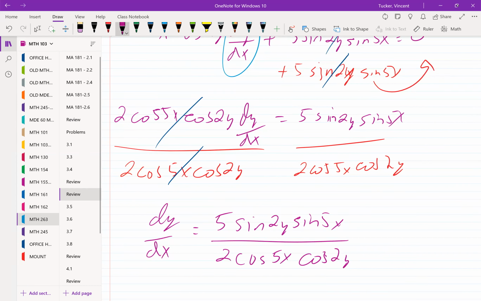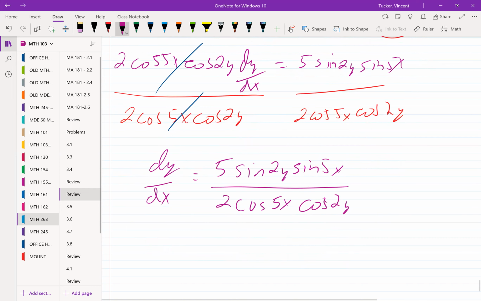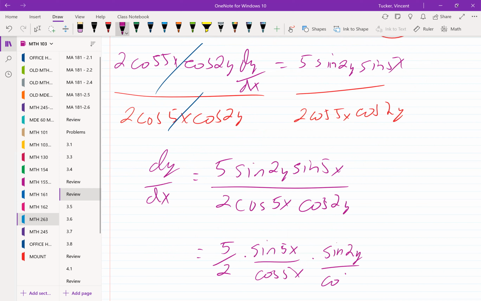Okay, so now we can simplify it a little further just by using our trig identities. So if I do sine 5x over cosine, because all this is multiplication, and when you have all multiplication, you can move the terms around in the numerator and denominator accordingly.